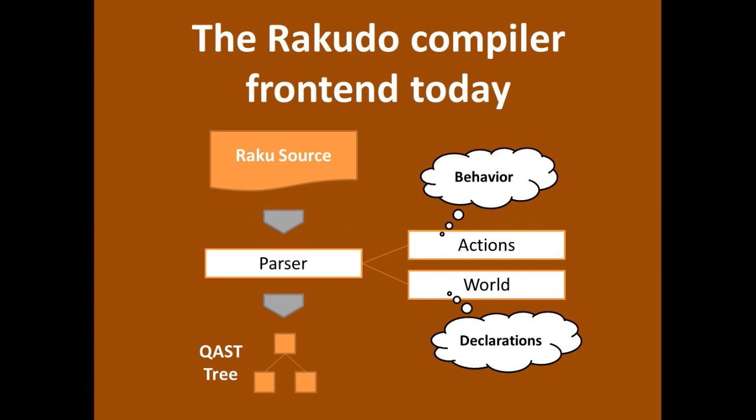So when we have a variable, that creates a declaration. When we use a variable, we need to say, okay, is this variable in scope? The same for subroutines, types, and so forth. Also, when we declare a class, then this does some mediation with the meta classes too. So it says, okay, we need to create a meta object to represent this class, and then we add the methods and attributes into it and so forth.